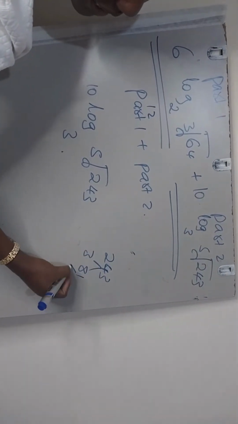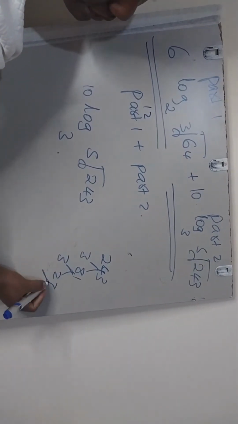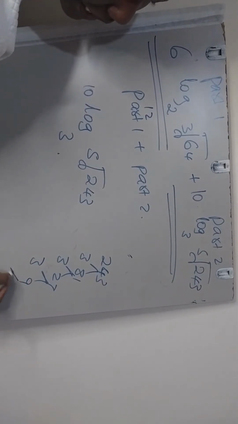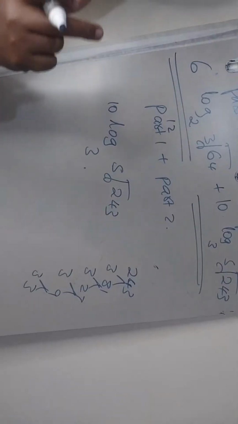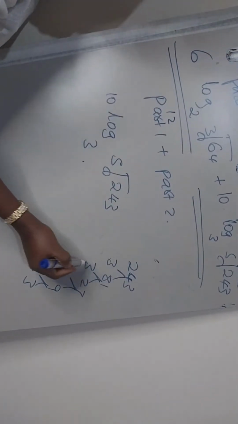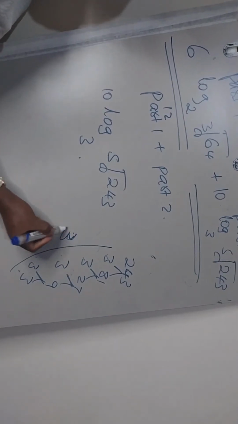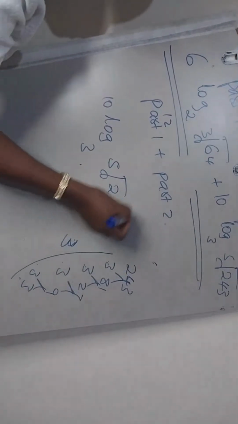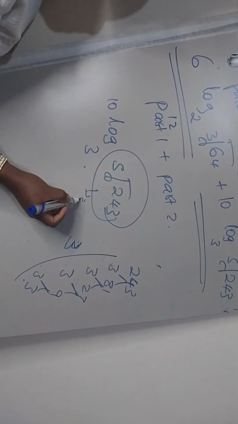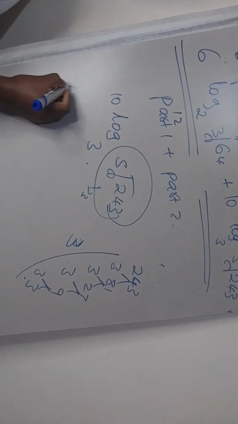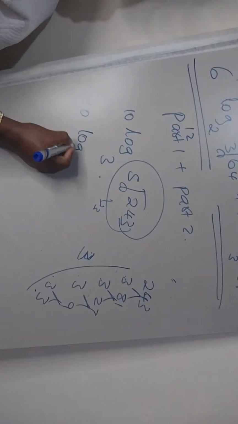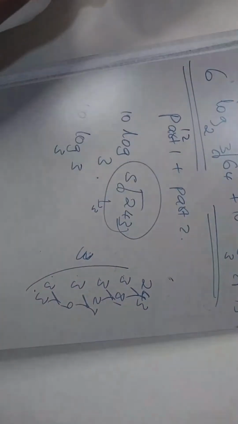By 3 we get 81, by 3 27, by 3 9, 3 and 3. Fifth root means in every 5 pick one: 1, 2, 3, 4, 5. So the fifth root of 243 is 3. Instead of writing this, we can replace it with a 3. So this will be 10 log 3 to base 3.